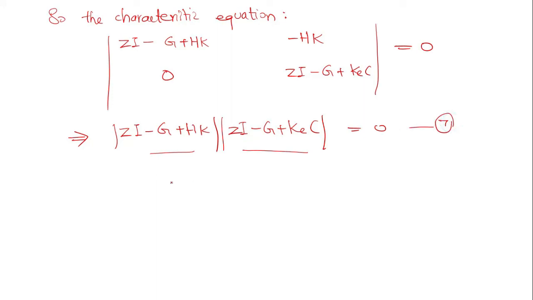So equation number 7 tells you that the design of pole placement and the design of the observer can happen separately. This is called the separation principle.